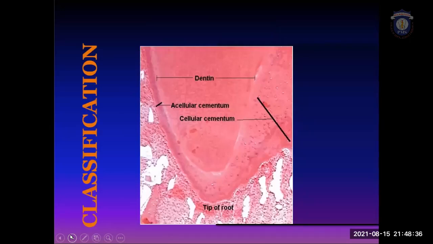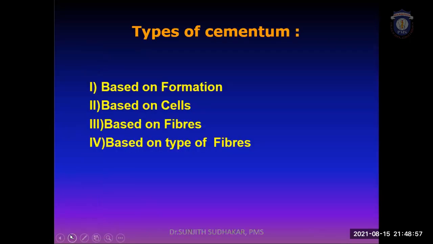Cementum can be broadly classified into two, cellular Cementum and acellular Cementum. The acellular Cementum is otherwise called primary Cementum, whereas the cellular Cementum is also known as secondary Cementum. We will look into this in detail. Based on different criteria, Cementum can be classified into different types.